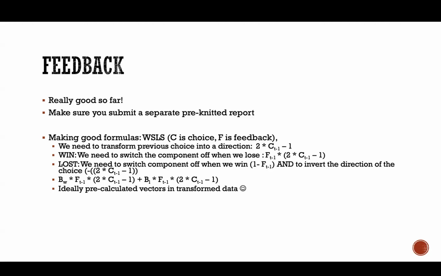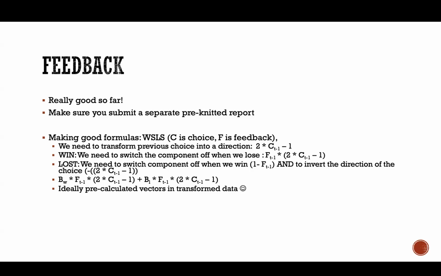Then the second thing that we need to do is switch off the component for when we lose. We want that to be multiplied by 0 when we're losing, without explicitly telling the program if we lost. Does that make sense? So we just make an equation that automatically switches off a component according to the values of the variables.